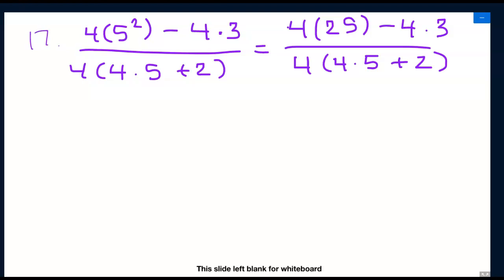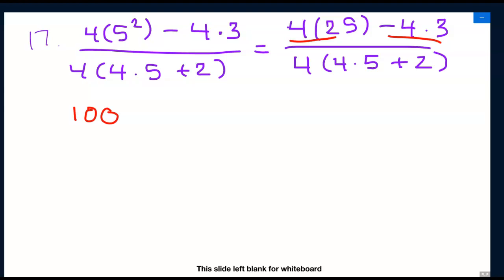Now you can multiply your top numbers, and you can multiply them either at the same time or separately. But 4 times 25 is 100. And I'm all touching the screen today.